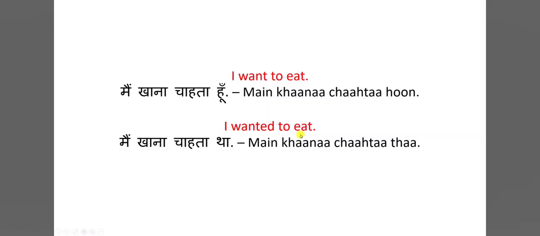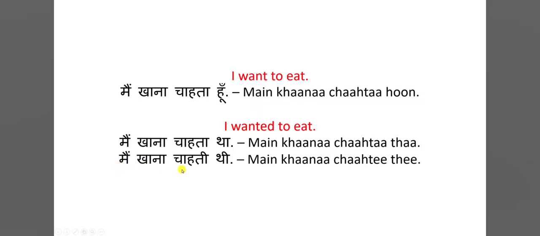I wanted to eat, said by a single male, is मैं खाना चाहता था. If a female wants to say this sentence, then it will be मैं खाना चाहती थी. Thi is selected because a female says this sentence. Alright? Yes. In the same way, we frame other sentences.